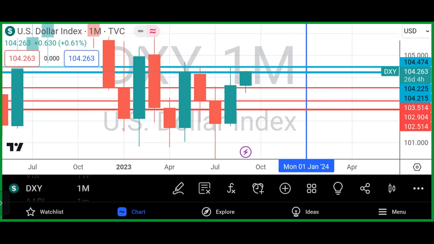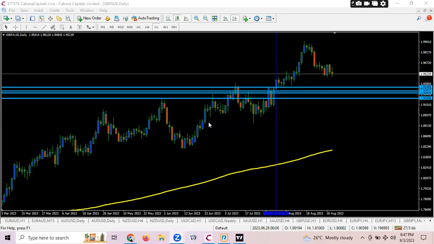So let's go back to MT4. The first currency we'll be looking at is Australian dollar.